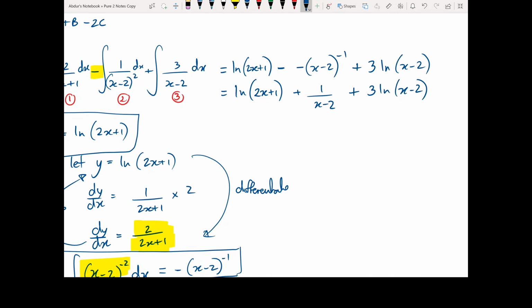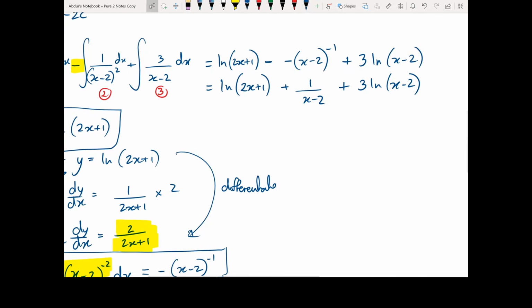We can potentially use log laws here. And sometimes the question does ask us to do certain things like that, where you have to combine the log functions here. So as you can see, we can then rewrite this as ln of 2x + 1 plus ln of (x − 2) all to the power of 3, using the power law, plus 1 over x − 2. So here we used one of the log laws.